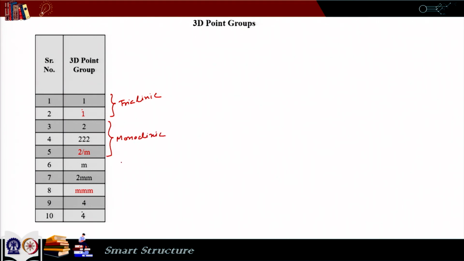And then we have three, they are orthorhombic, and here we have tetragonal.